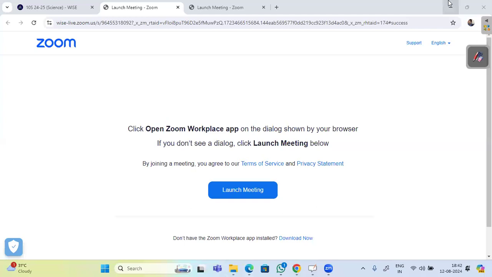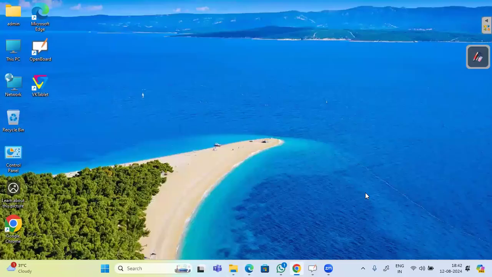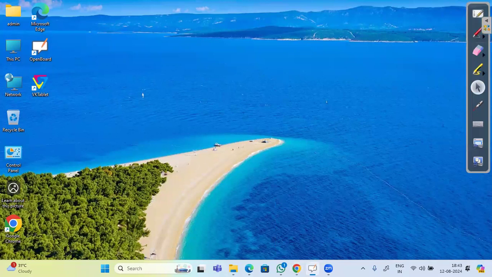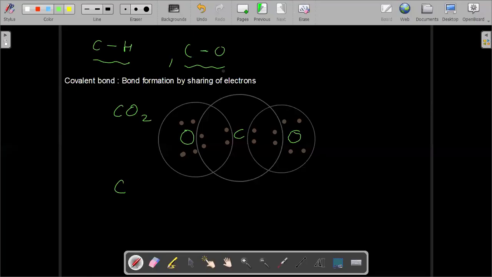See, we were here. We were drawing the electron dot structure and the formation of carbon dioxide. And we observed how carbon is able to satisfy its valency in the formation of carbon dioxide.